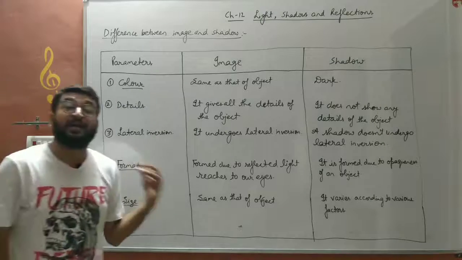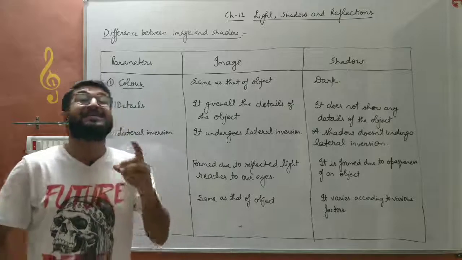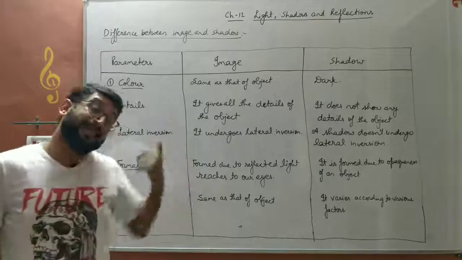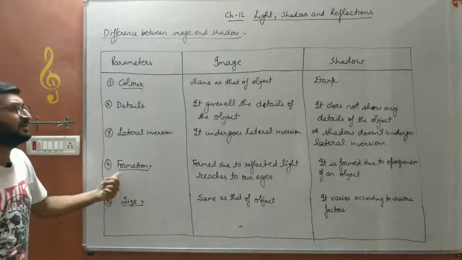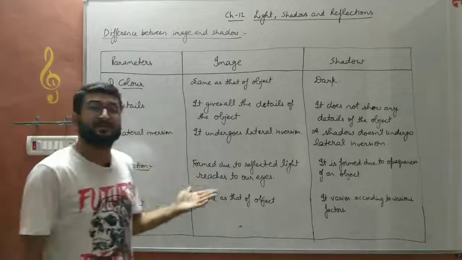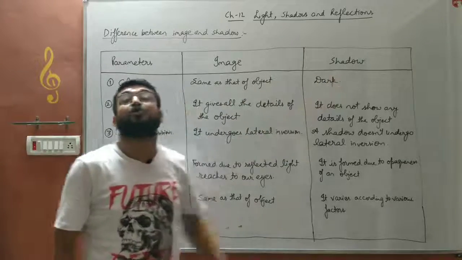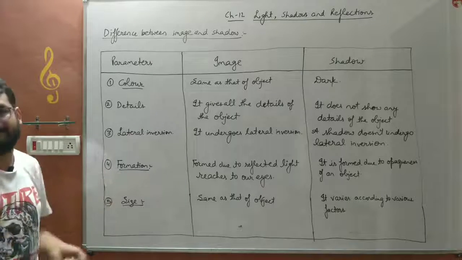Whereas the shadow is formed due to the opaque nature of an object. When that object does not allow the light to pass through it, only then a shadow is formed. So, the reason for the formation of an image is reflection of light, whereas the shadow is formed due to the opaque nature of an object, that is, it blocks the path of light.